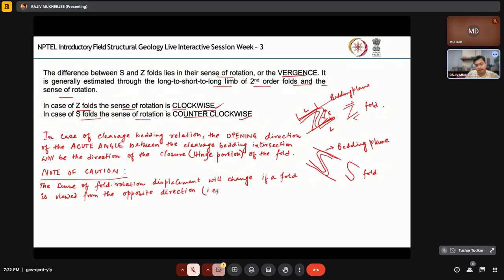That means a Z fold will appear as an S fold.